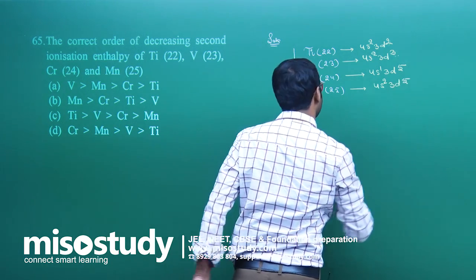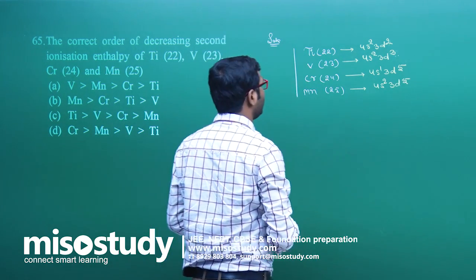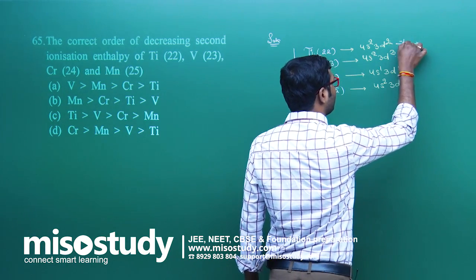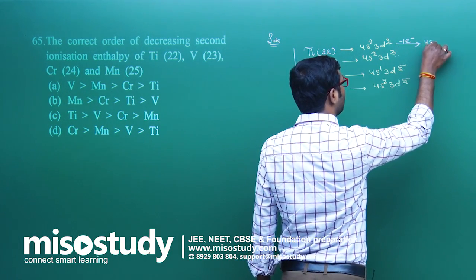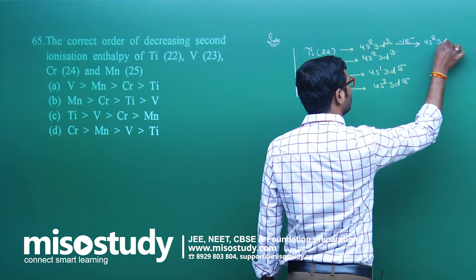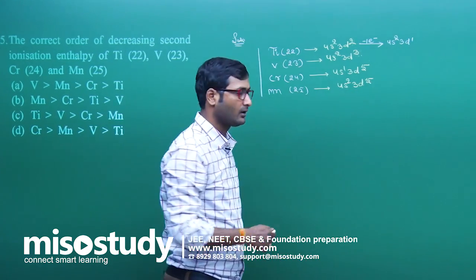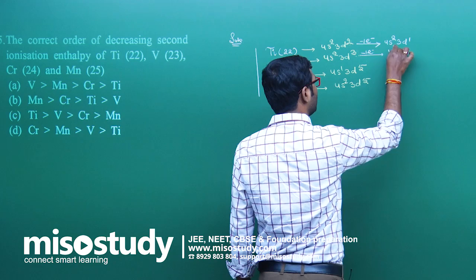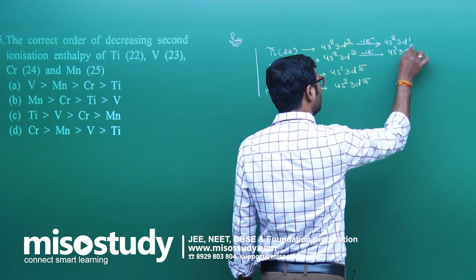This is the case. Yes. Now, first, when it loses one electron, the electronic configuration is 4s2 3d1. Yes. Then when it loses one electron, that is 4s2 3d2. Yes.